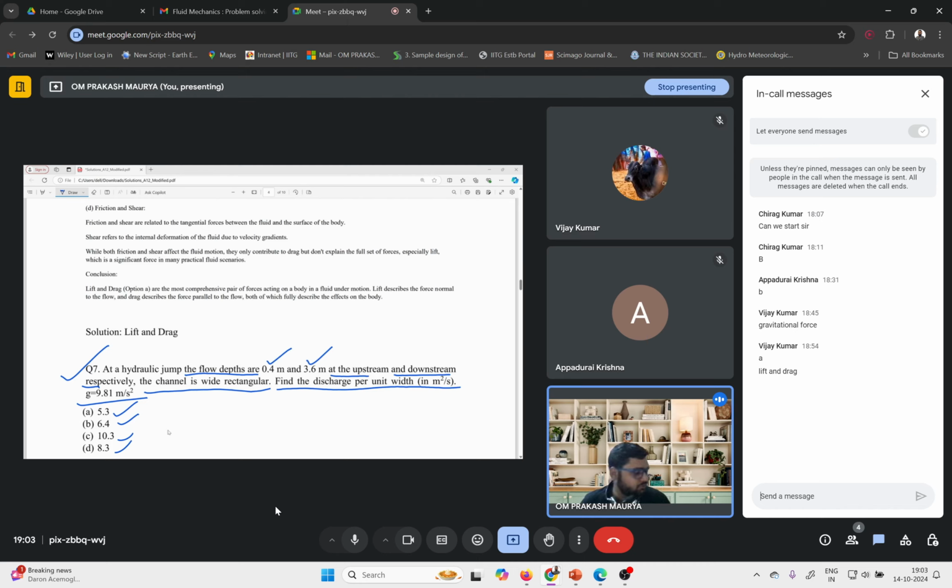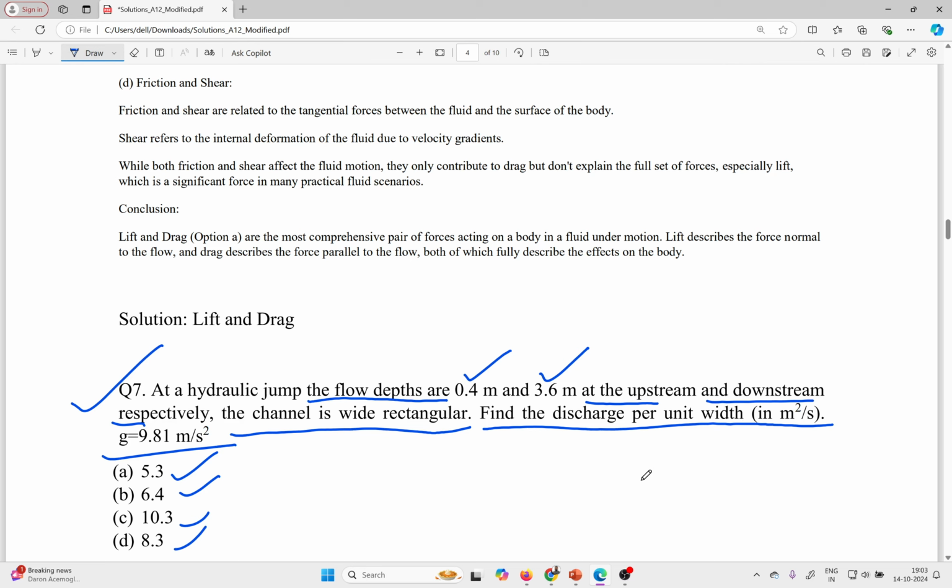Okay, let me discuss question number 7. Here you already know one thing, we are talking about a hydraulic jump.